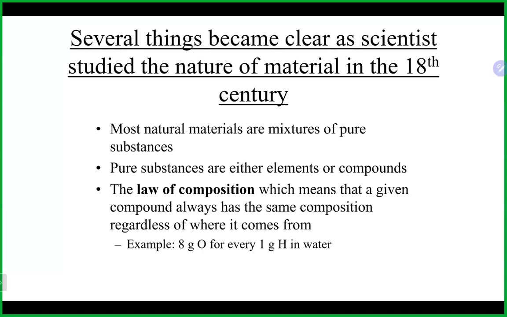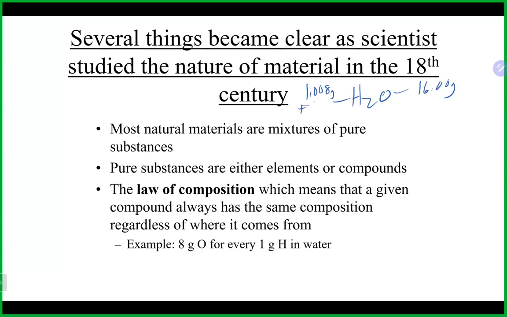We have the law of composition, which means regardless of where you get something, it always has the same composition by mass. So for example, if we take our water, which is H2O, hydrogen is basically 1 gram, and oxygen is basically 16 grams.